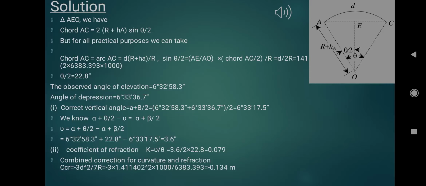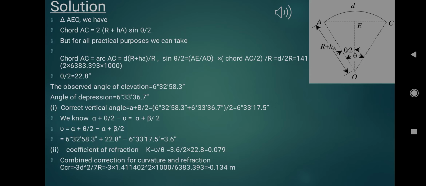So let's come to the solution part. In triangle AEO, we have chord AC equals 2 into r plus HA sin theta by 2. For all practical purposes, we can take chord AC equals arc AC equals D into r plus HA by r. Here HA is negligible as compared to r, so we can neglect it.